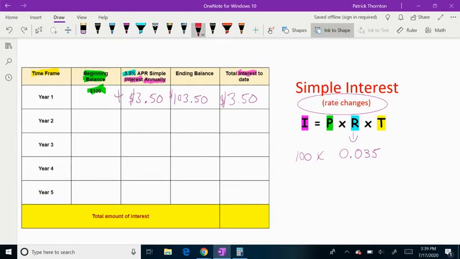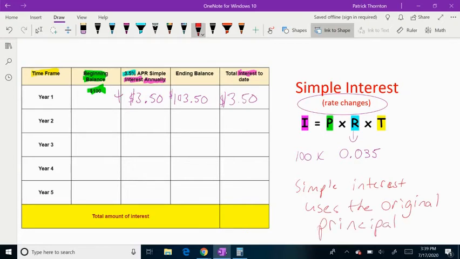So let's recall, simple interest uses the original principal, not with an L, with an AL, because that's the right way to do it.